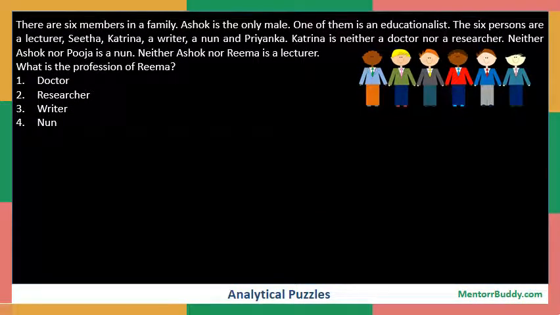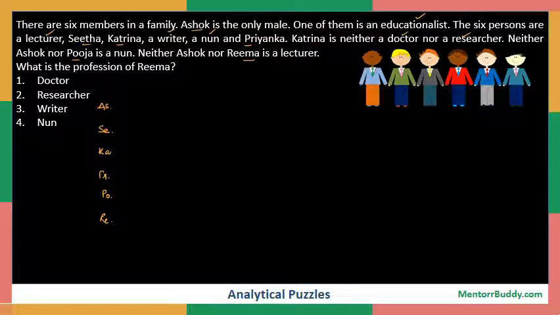As it is given in the question that there are 6 people, Ashok, Sita, Katrina, Priyanka, Pooja, and Reema, we'll write these names along with a small initial. And there are professions given for them: a lecturer, a writer, a nun, a doctor, a researcher, and an educationalist.